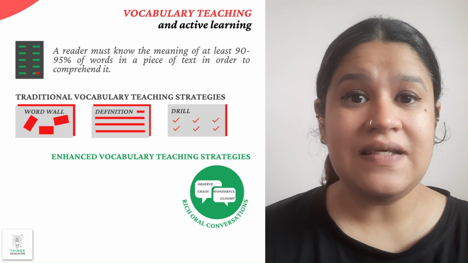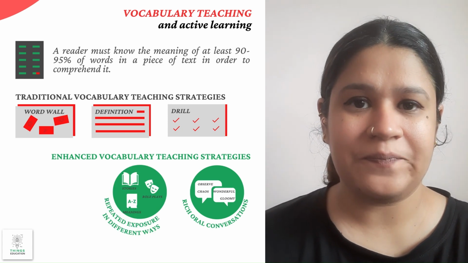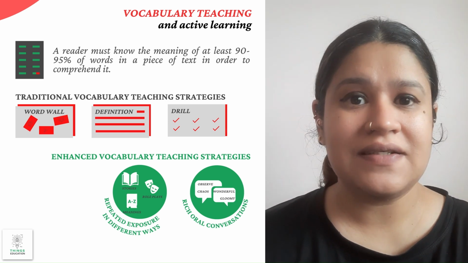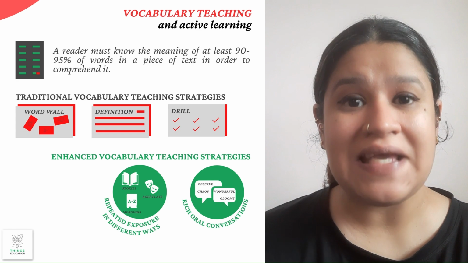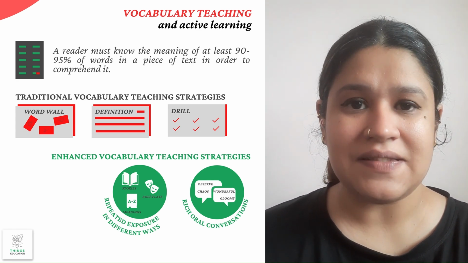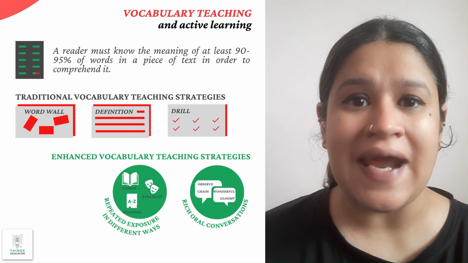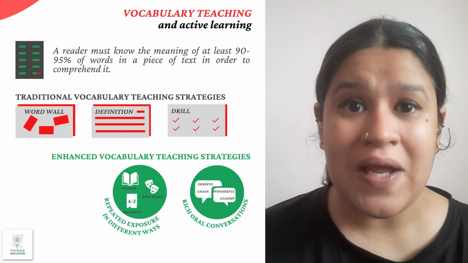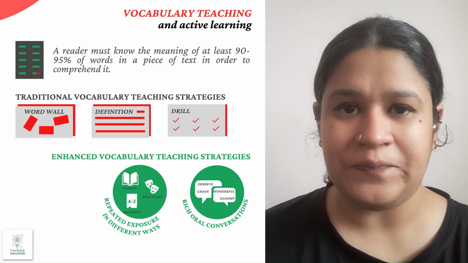The next strategy is ensuring repeated exposure in many different ways. There's a lot of research that shows that anyone needs to be exposed to the same word at least 12 different times in different ways. This doesn't mean that we have to get students to write the word and its meaning 12 times in their notebook. That is just one way of exposure.